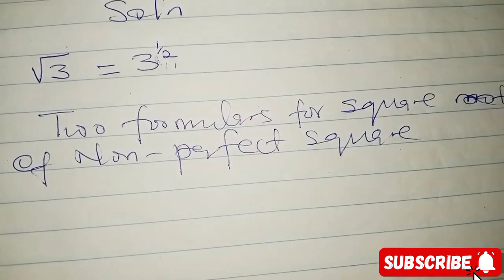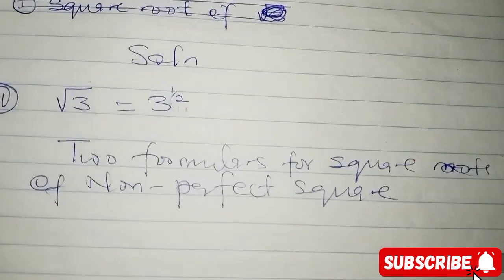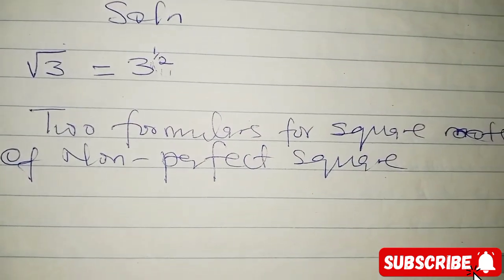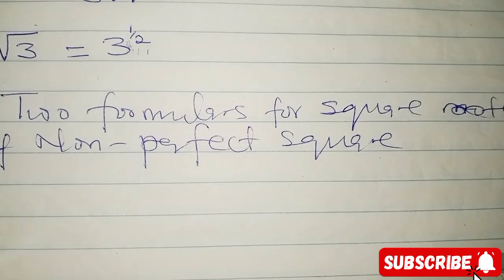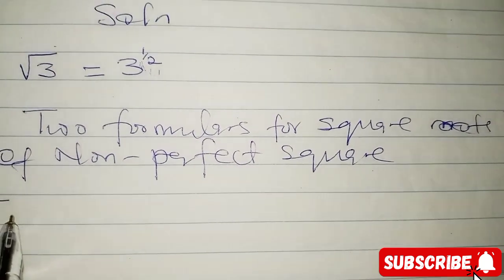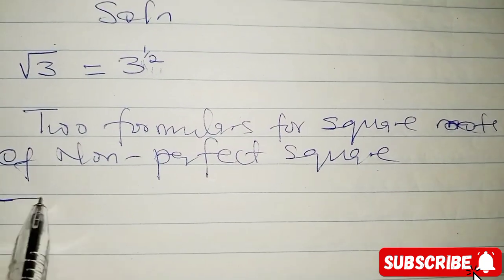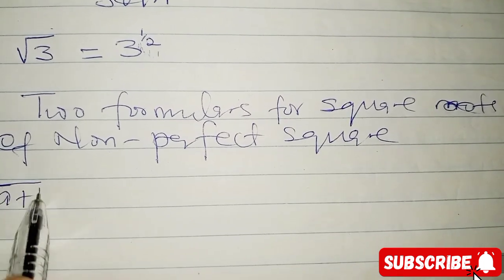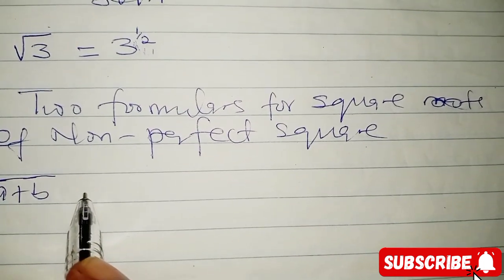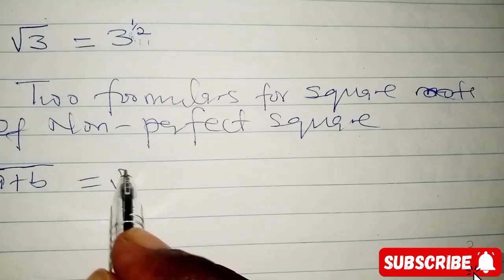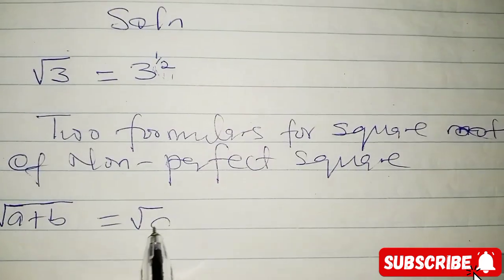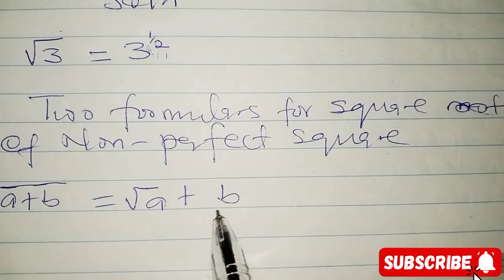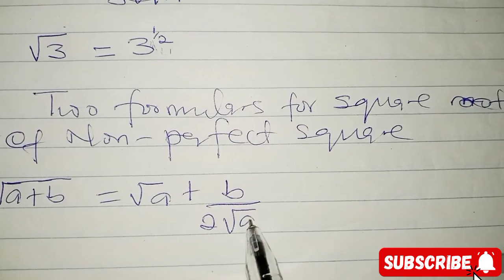Let's take the formulas one after the other. So take note, the first formula is square root of (a plus b) is equal to (square root of a plus b) all over 2 square root of a.